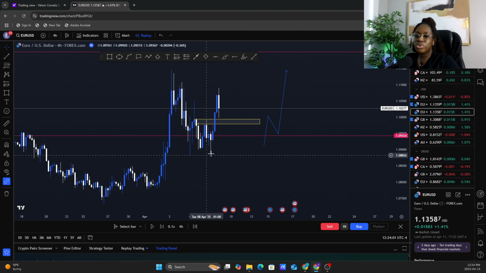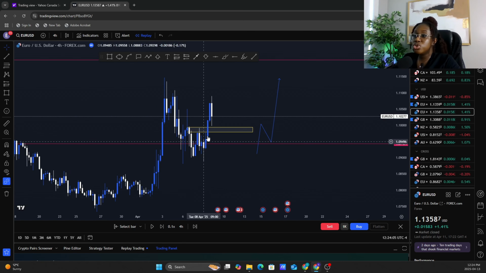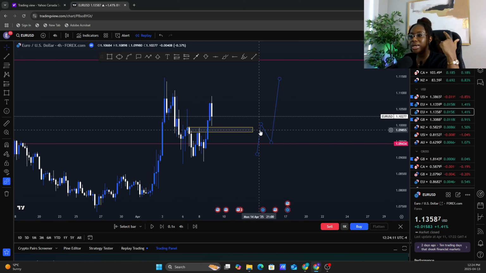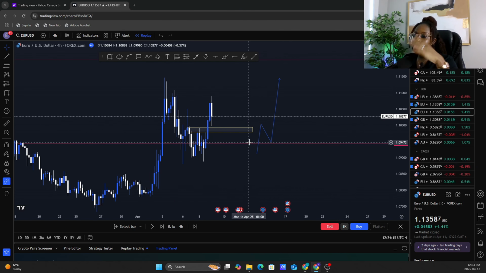So structure got broken, basically indicating that price would soon make the next higher high. So now my next question in my head is, how am I going to get into this move? Because I need a good risk to reward, I would need price to come down either to this zone or back to this particular zone here in order to continue upwards.